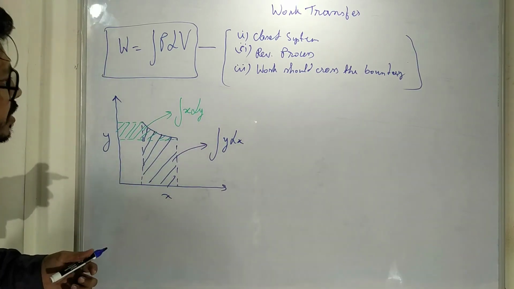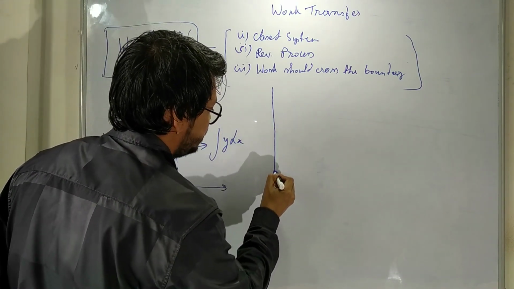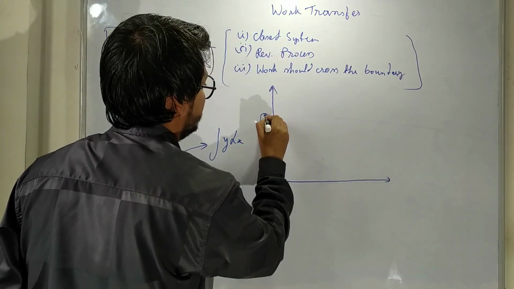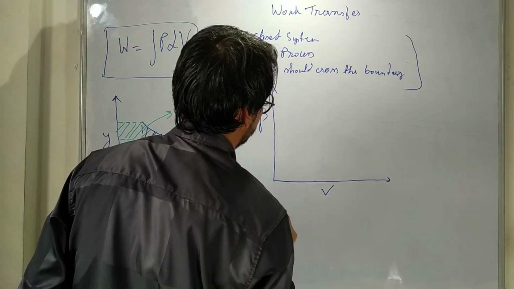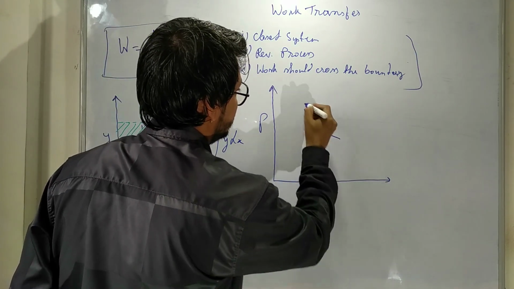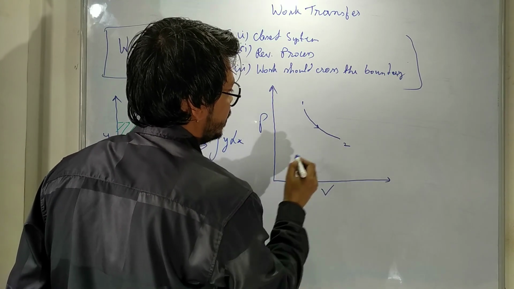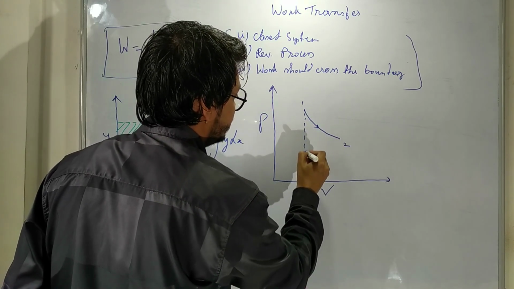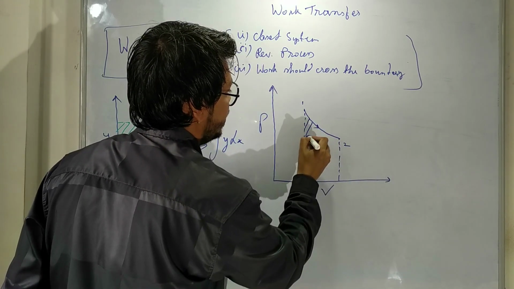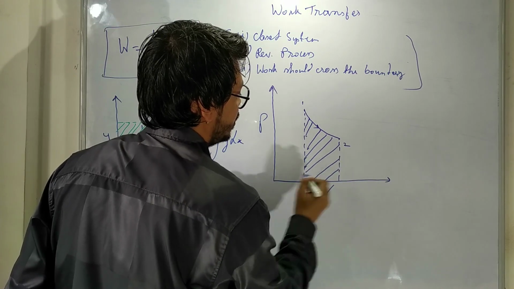So same thing we will see in this PdV diagram. This is P axis and this is V axis, and let us consider a process. Say this 1 to 2 is a process. So the area under this curve, this is the area under the curve for the process 1 to 2.